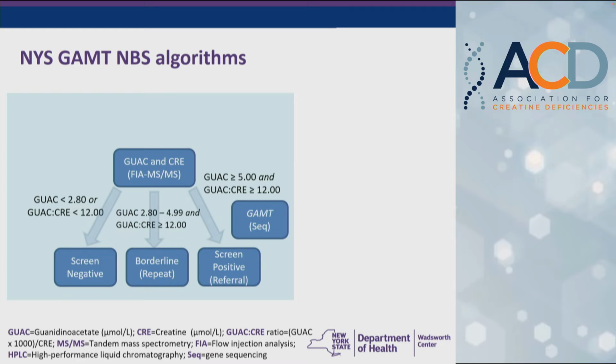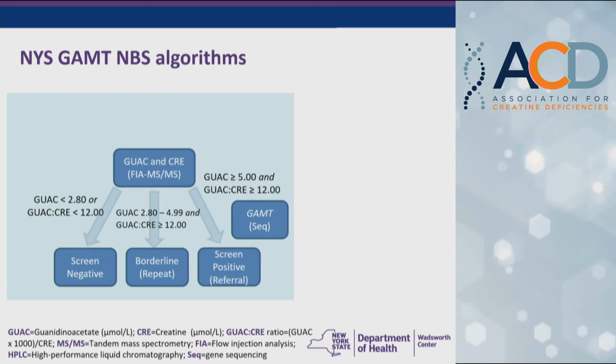Babies who have borderline guanidinoacetate and low creatine, instead of referring them for a diagnosis, we request a repeat heel stick because they're only slightly abnormal. And most of those resolve when we have a retest in-house, tested on a repeat heel stick.